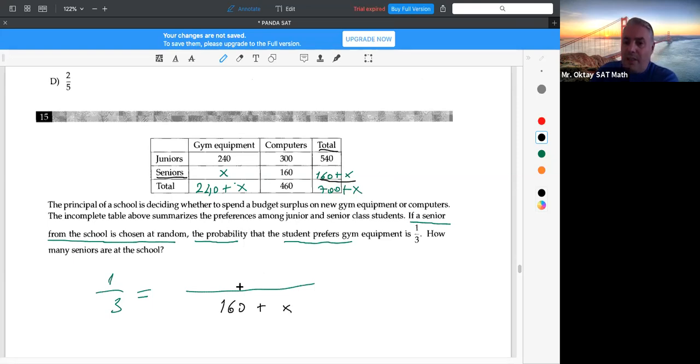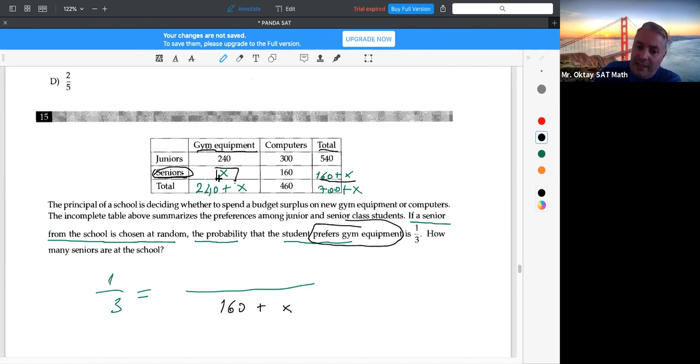What about the numerator? What do we want to see? It says the probability that the student prefers gym equipment. So when I look at the table, gym equipment here must be out of seniors. So from seniors, how many students prefer the gym equipment?